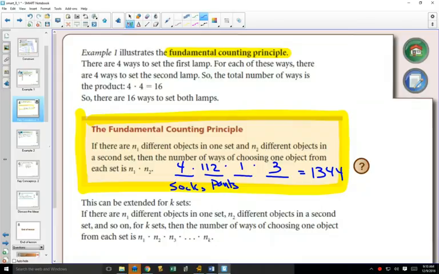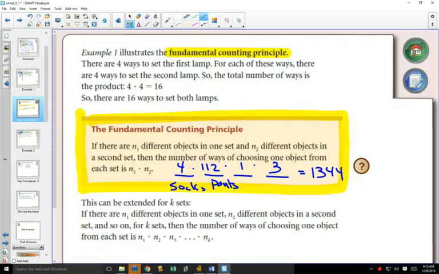It doesn't take long for us to figure out this number. If you tried to list them all, look at your closet, go, okay, white shirt, polka dot pants, yellow socks, green shoes, that would take a very long time. But the fundamental counting principle lets us count these things quickly.